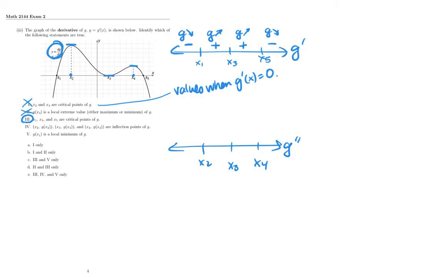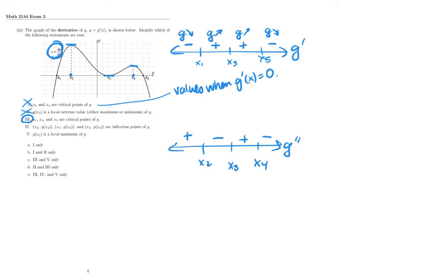In between those, if G prime is increasing, that means G double prime is positive. If G prime is decreasing, that means G double prime is negative.